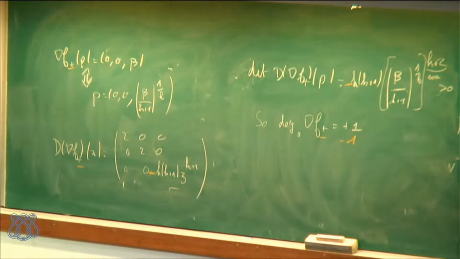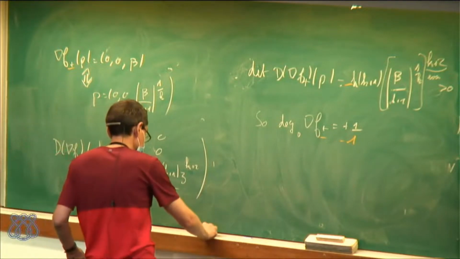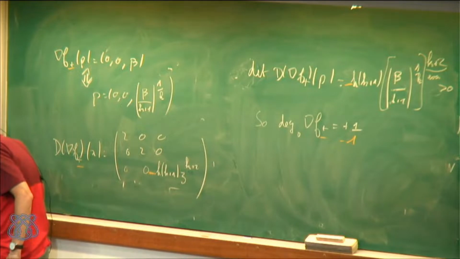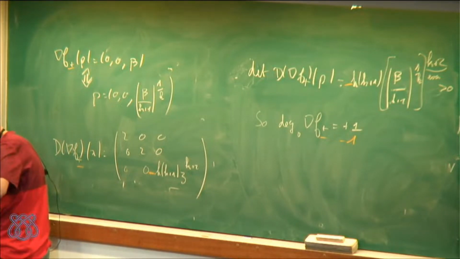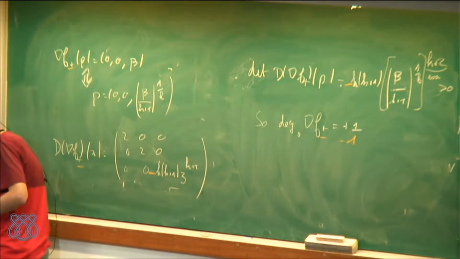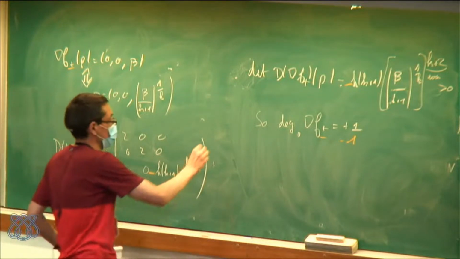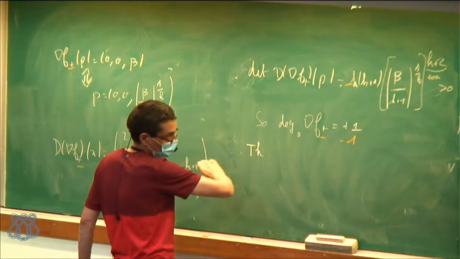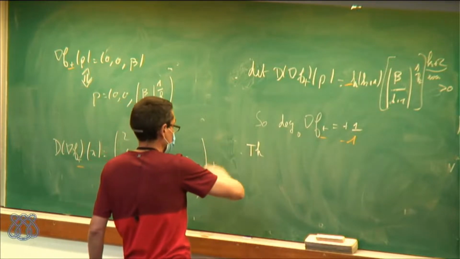Okay, right. So maybe something more interesting. Thom-Sebastiani formula in the real case. It's a bit more general. And then we will finish with that. So Thom-Sebastiani. I don't remember the number.